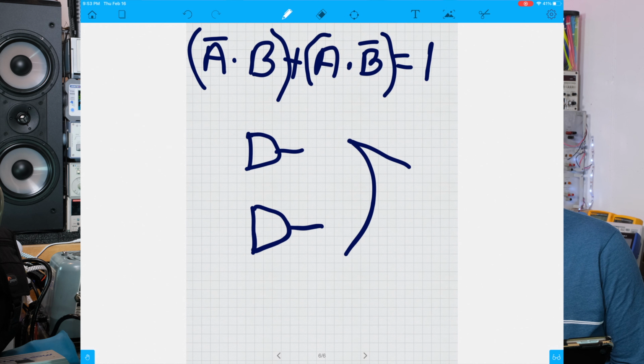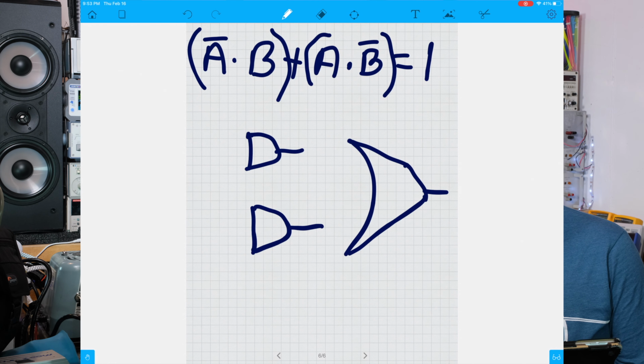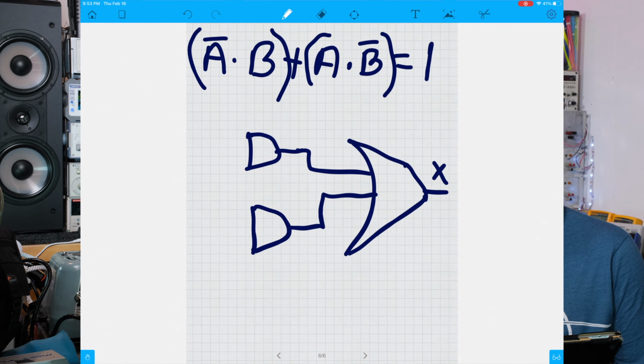There's no long bar across the very top, so there's no inversion. So we just bring these right into the OR gate like that. And this is going to be our X output. Now, we're going to say A is here and B is here. In this gate, it comes up and goes through an inverter.